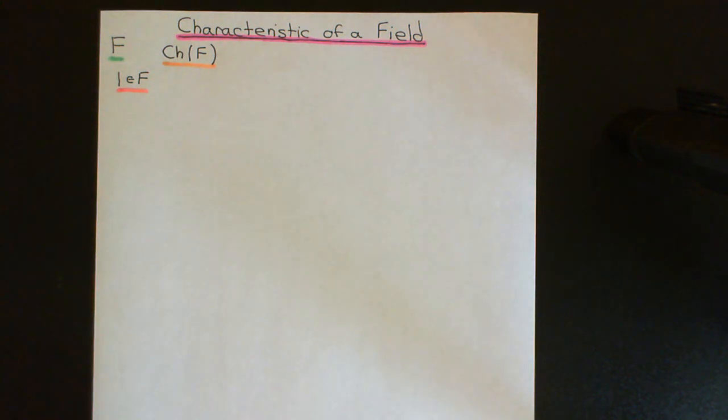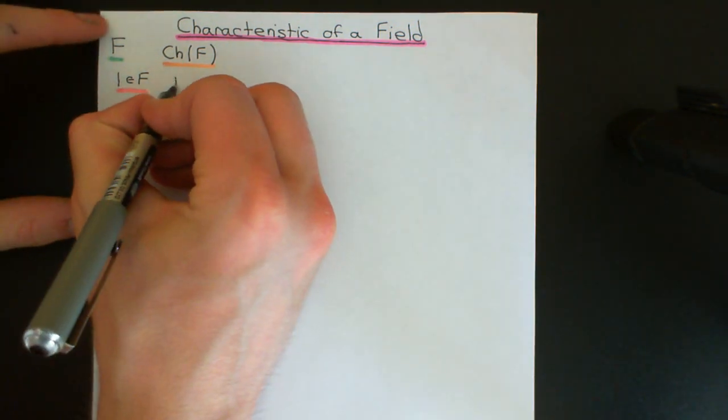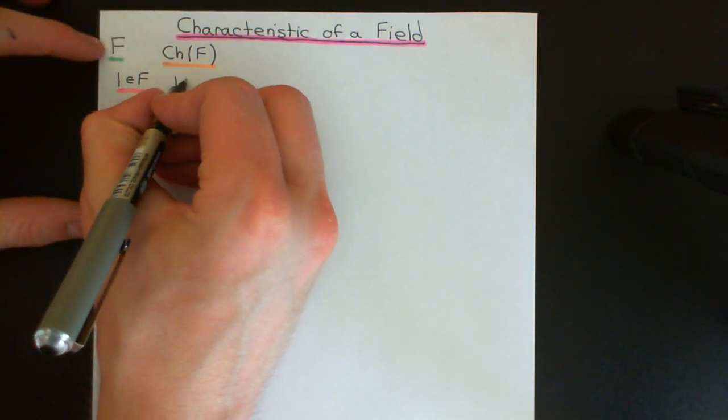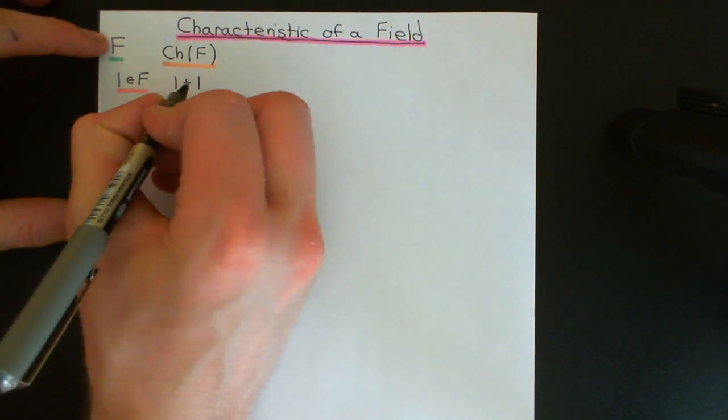So you take the multiplicative identity in your field, and what you have to ask to work out the characteristic of the field is: what is the smallest number of times I have to add 1 to itself to get back 0? You use this element 1 and you ask, what is 1 plus 1?